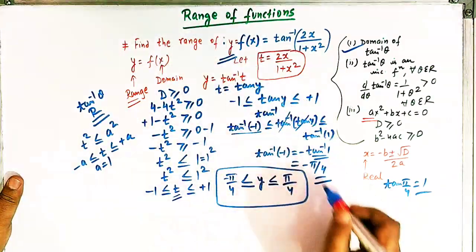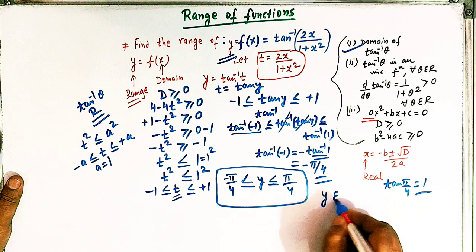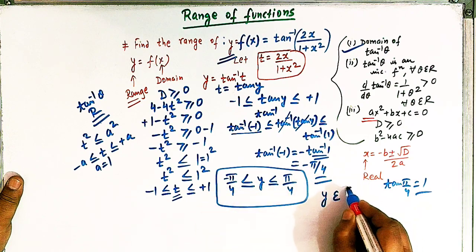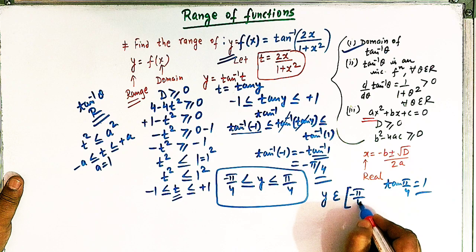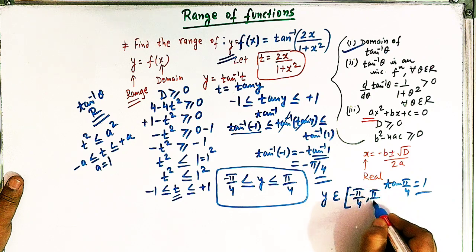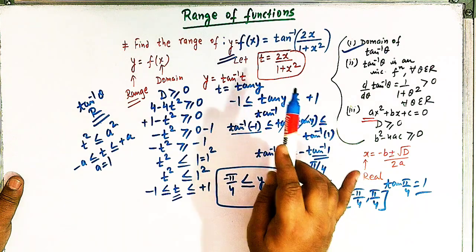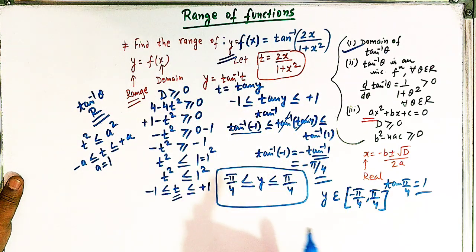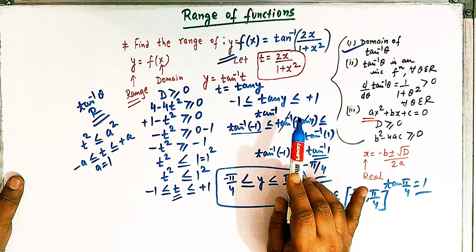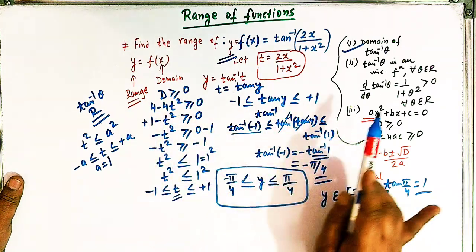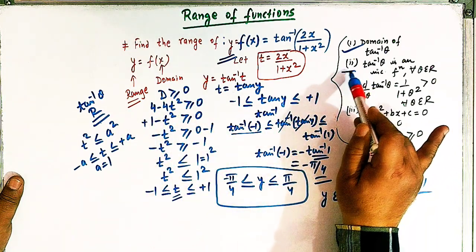So the range of this function is given by this interval, that is from minus pi by 4 to pi by 4, right? So this is how we can find out the range of functions, and here we must explain the use of this concept, right?